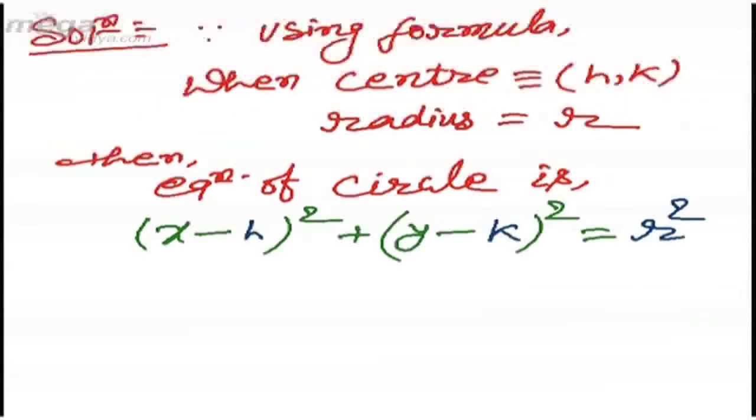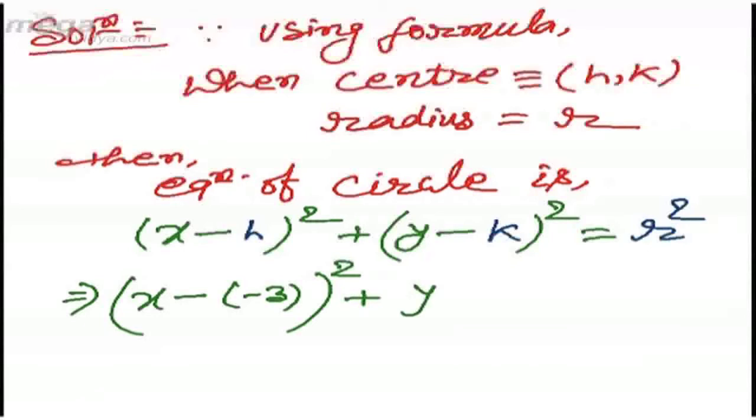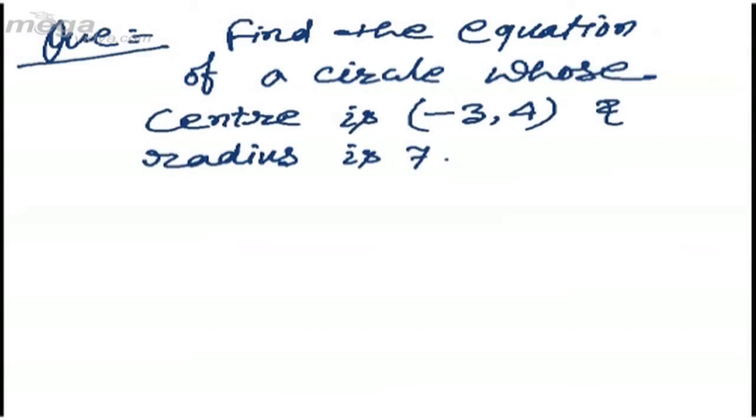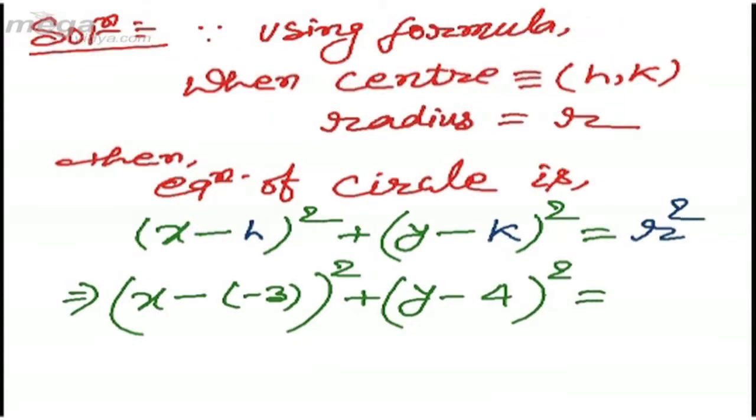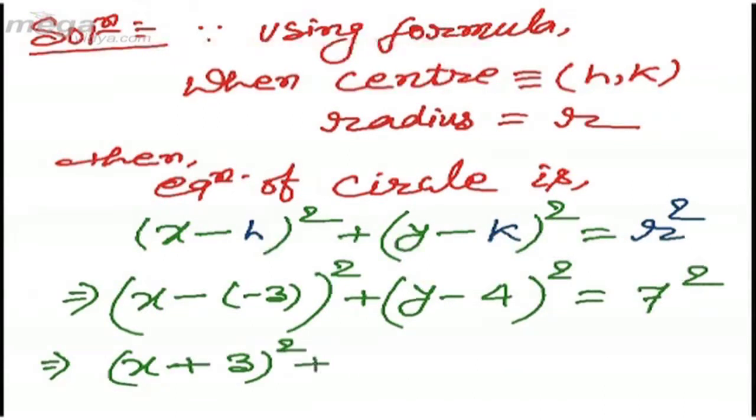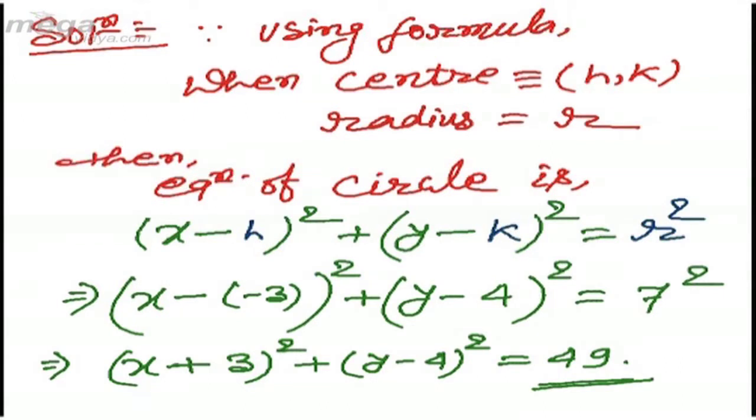It means in place of h we will substitute minus 3, and in place of k we will substitute 4, and radius is given here 7, so we write equal to 7 square. That is, the equation of the circle will be x plus 3 whole square plus y minus 4 whole square is equal to 49, and hence this is the required answer.